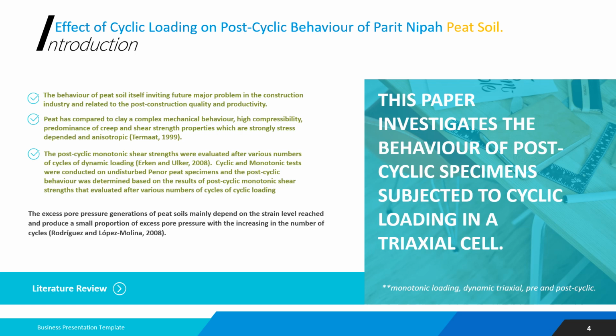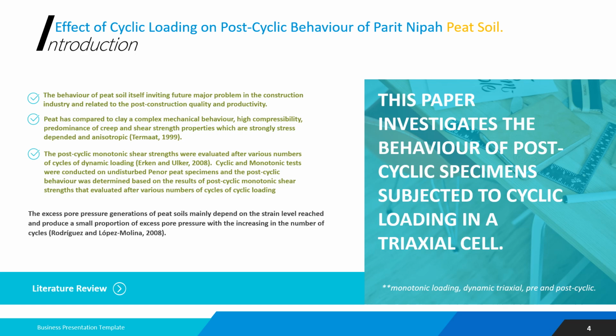Peat soil is an organic soil which consists of more than 70% organic matter. Peat deposits are found where conditions are favorable for their formation. According to Huat 2007, peat has, compared to clay, a complex mechanical behavior, high compressibility, predominance of creep, and shear strength properties which are strongly stress dependent.